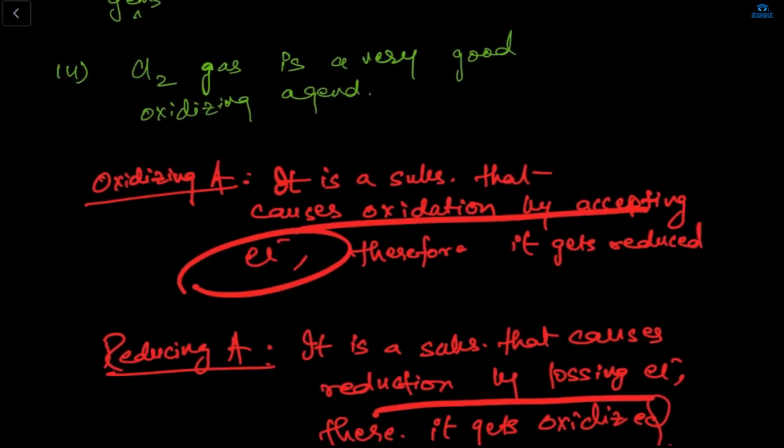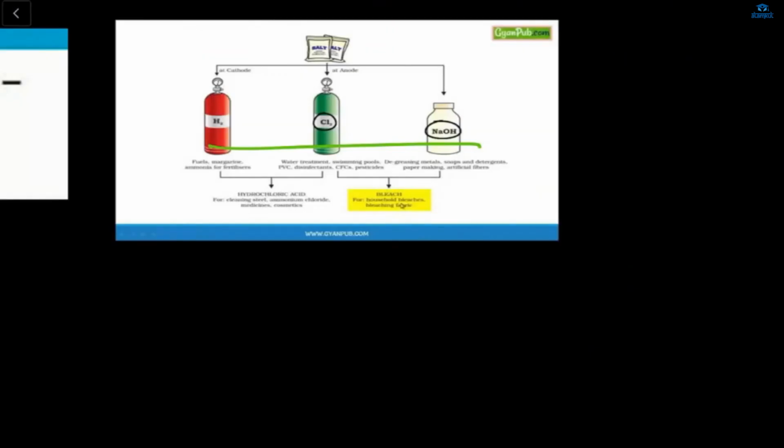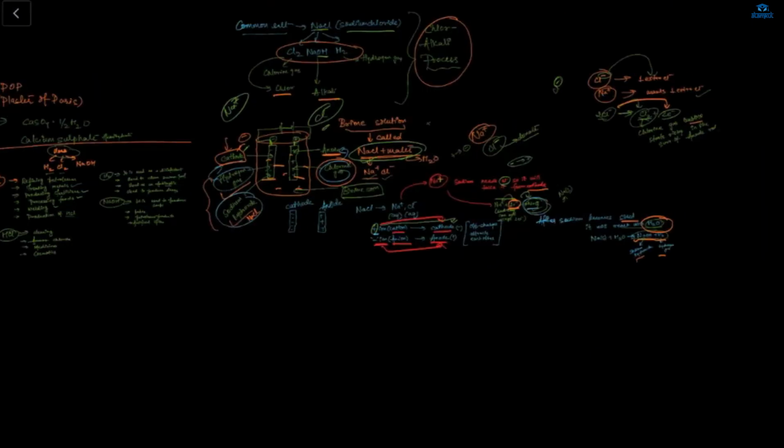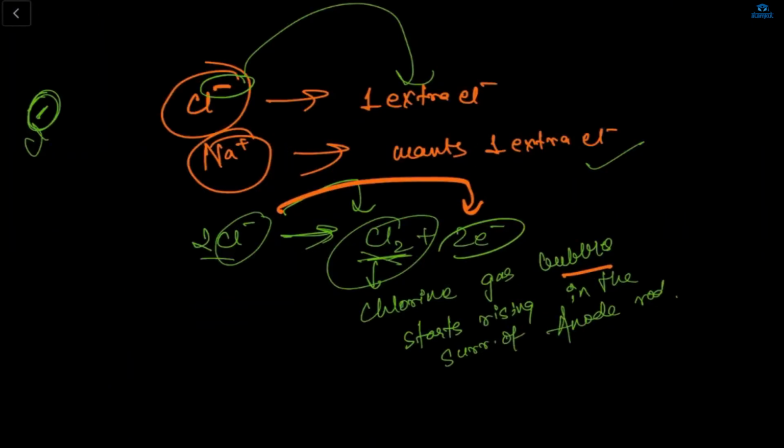So here my chlorine gas is a very good oxidizing agent. It means that chlorine gas causes oxidation by accepting electrons. Na plus Cl minus. Cl minus is having one extra electron. That's why it gets reduced.